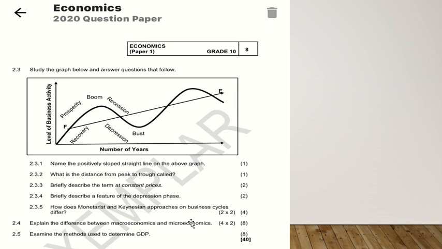So how do their approaches on business cycles differ? Monetarists believe that fluctuations in a business cycle are caused by external factors. On the other hand, Keynesians believe that fluctuations are caused by internal factors, and that will give you your full 4 marks.